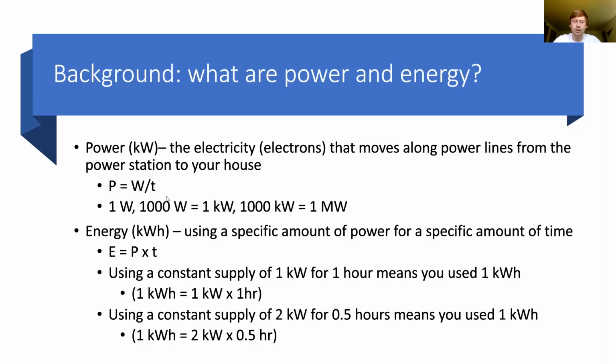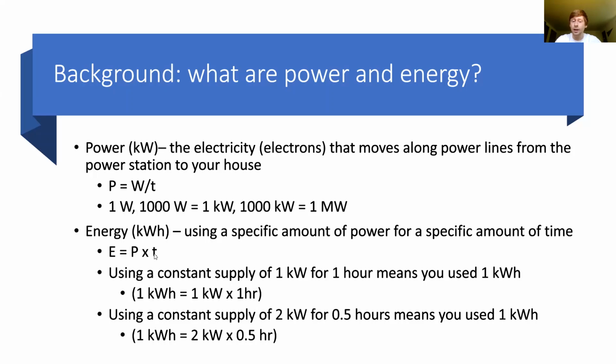So there's just the equation for power. It's watts over time. And then it's measured, like I said, in watts or kilowatts or megawatts. So each of these levels increases by scale of 1,000. So there's 1,000 watts in a kilowatt, and there's 1,000 kilowatts in a megawatt.